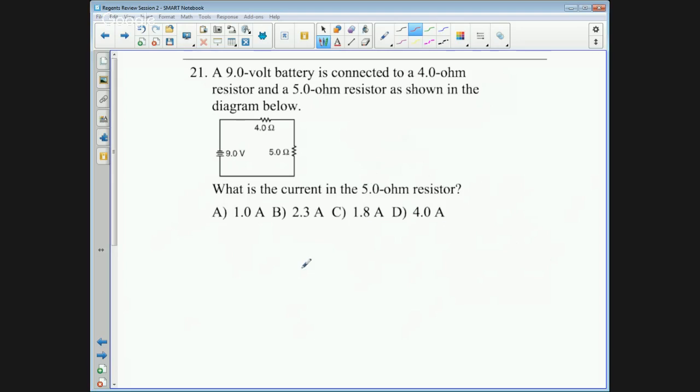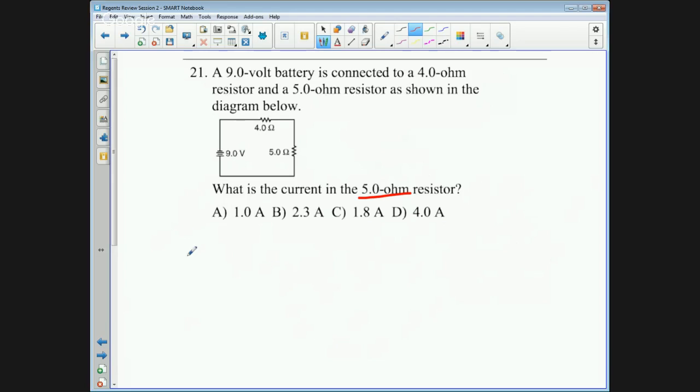Okay. For number 21, it says a 9-volt battery is connected to a 4-ohm resistor and a 5-ohm resistor as shown in the diagram below. This is a series circuit. What is the current in the 5-ohm resistor? Since this is a series circuit, the current is shared throughout the whole thing. So if I can figure out the current for any of these, I'll figure out the current for the 5-ohm resistor.